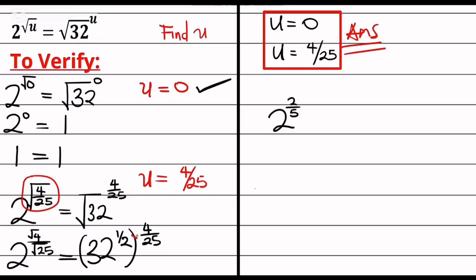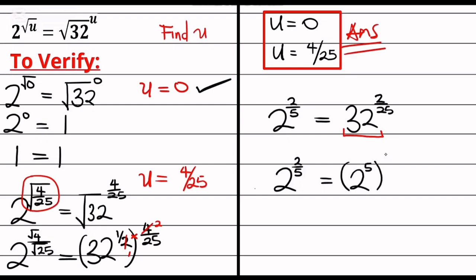Then we multiply the powers according to the index rule: the half goes with the 4 over 25, so 1 times 4 and 2 times 25. At the end of the day, we have 32 to the power of 2 over 25. The next thing we do is rewrite this 32 in index form, so we have 2 to the power of 5, put in parentheses, with 2 over 25 still there.